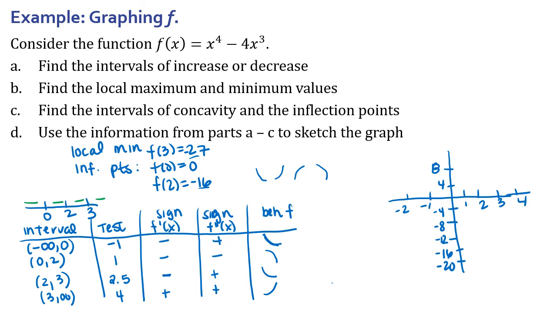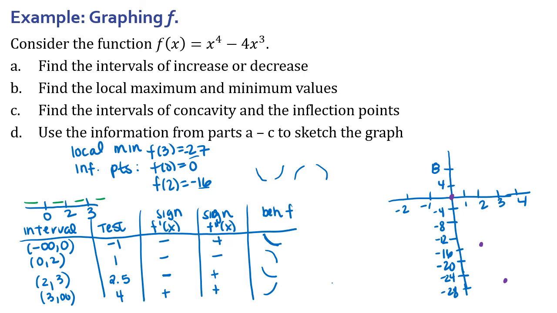Okay, so we have f of 3, negative 27 is our local minimum value. Oops, we need to make this a little bit further down. So negative 24, negative 28, there we go. All right, so f of 3, negative 27, f of 0, 0, f of 2, negative 16.